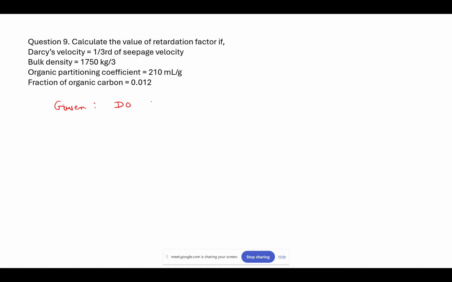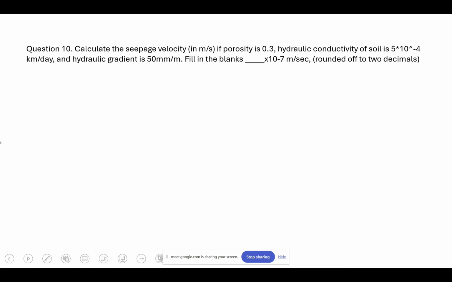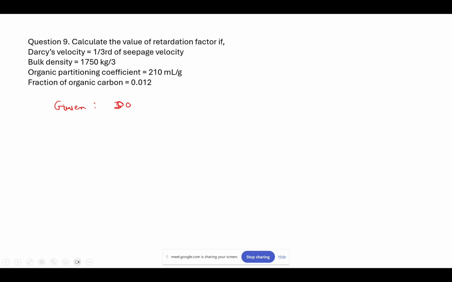There is a relation: seepage velocity is given as Darcy's velocity divided by porosity.